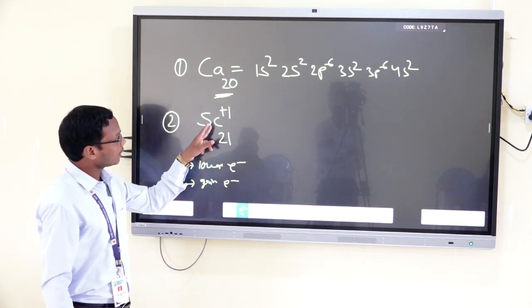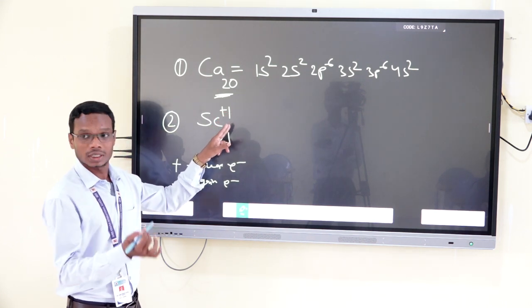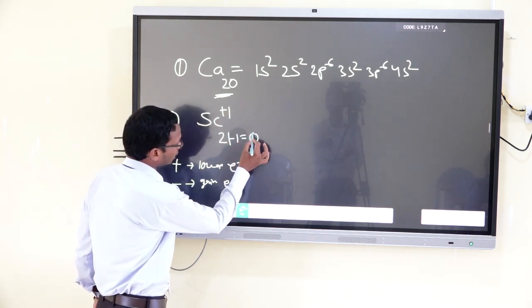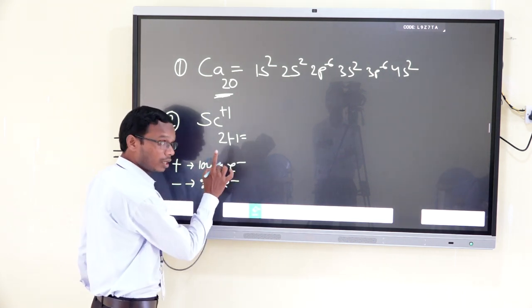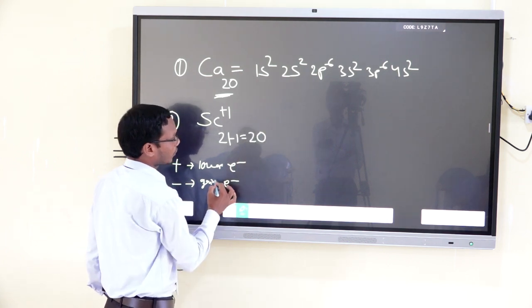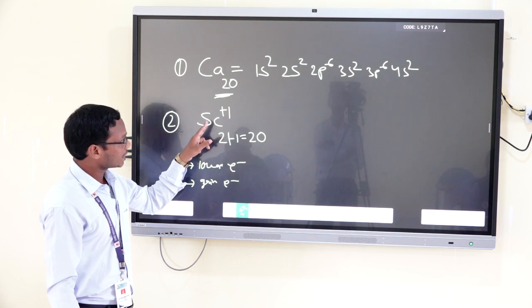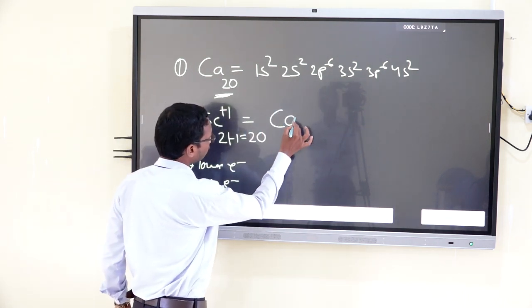Here in Sc there is plus 1 charge, that means it lost 1 electron. So 21 minus 1, that is number of electrons is 20. Now say electronic configuration of scandium plus 1 is equal to electronic configuration of calcium.